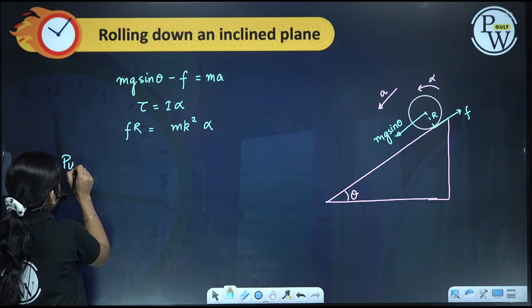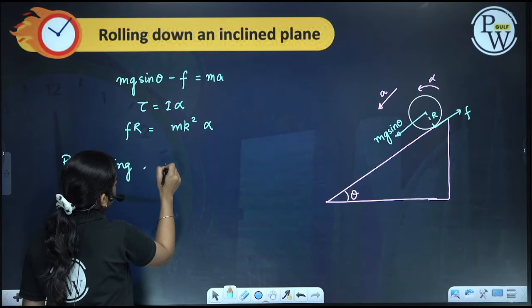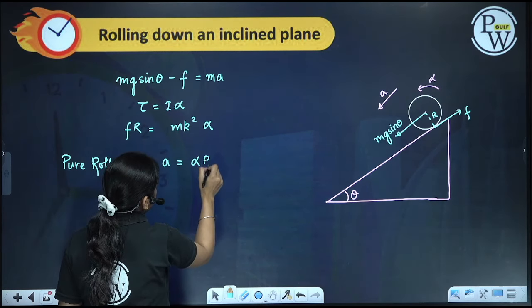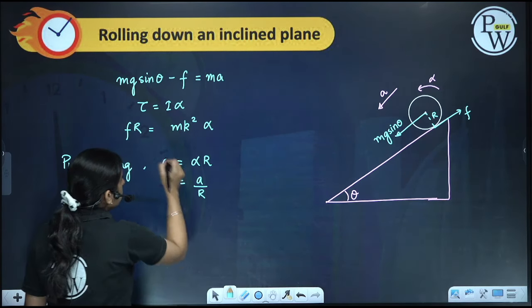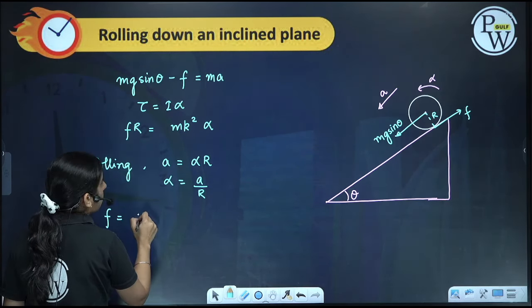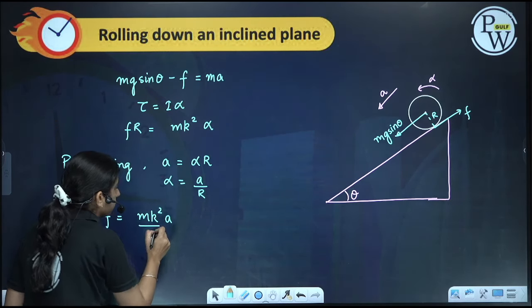And for pure rolling we have the third condition, that a must be equal to alpha r. So alpha will be a by r, and friction will become mk square into a by r square.